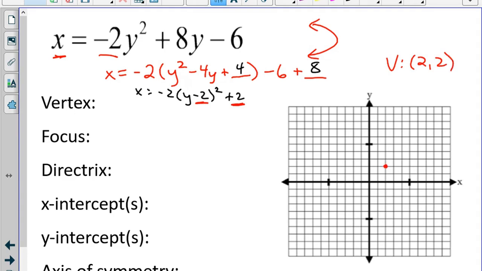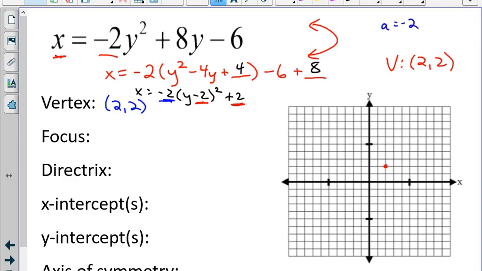I will be opening left, and I can figure out where my focus and directrix are, but I can also do some calculations based on things that I learned in the past. This -2 is an a value, since a equals -2.